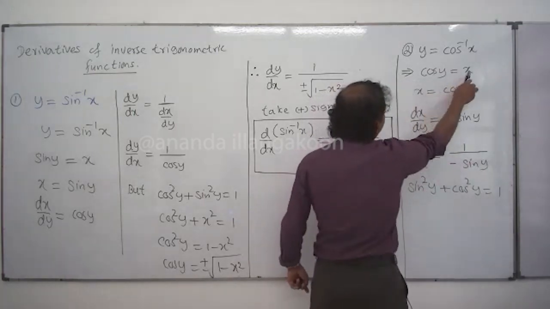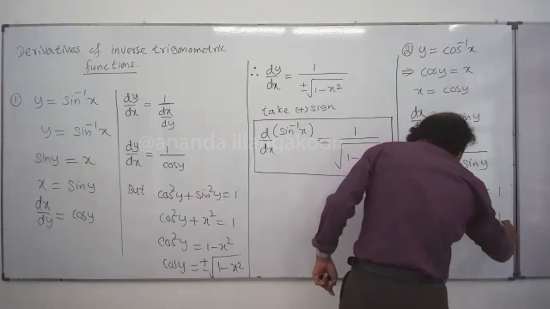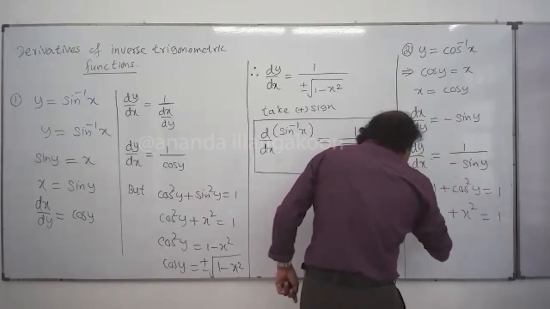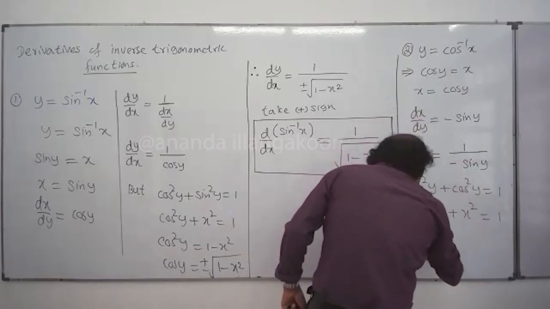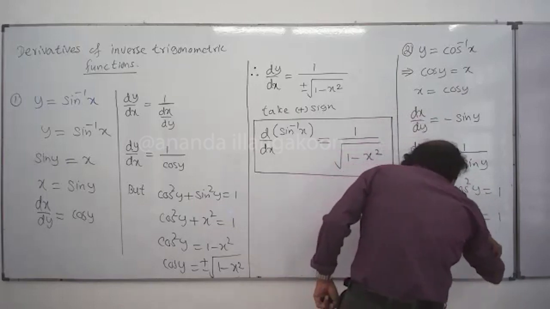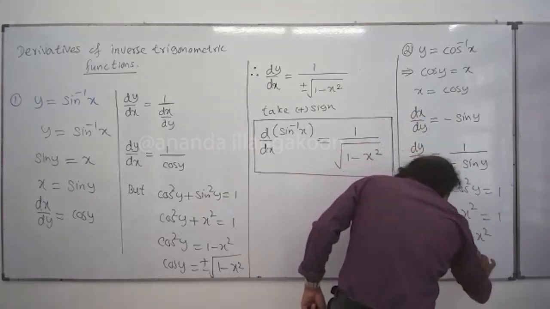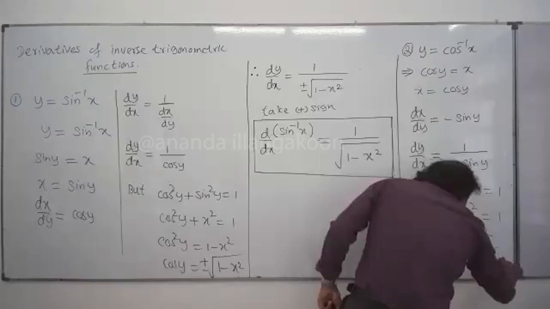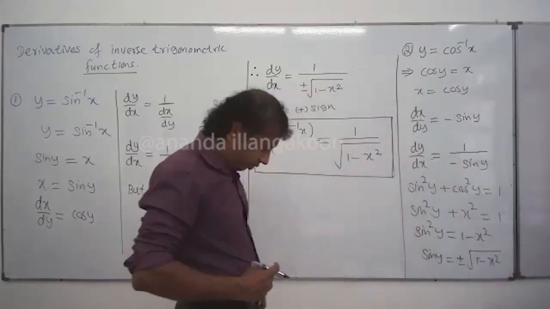But here cos y is x. Put that x here. Then sine squared y is 1 minus x squared. Then sine y is the positive or negative square root of 1 minus x squared.